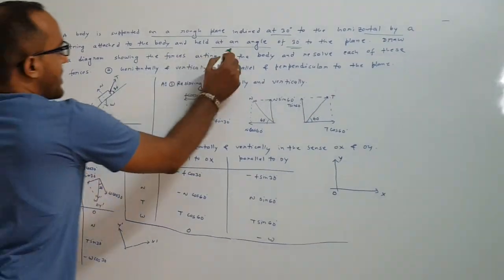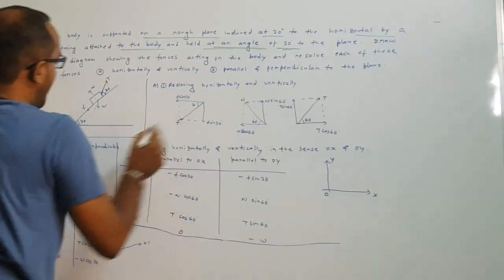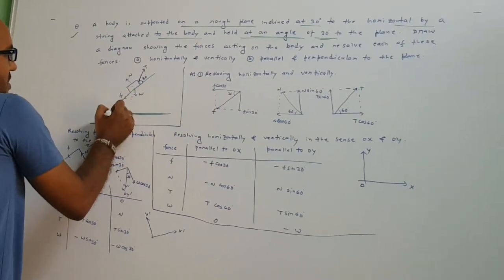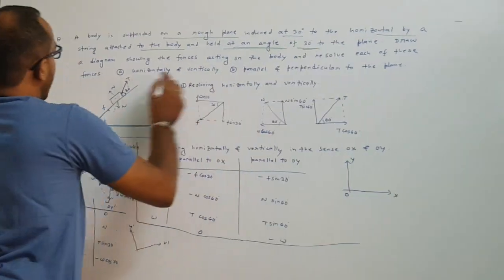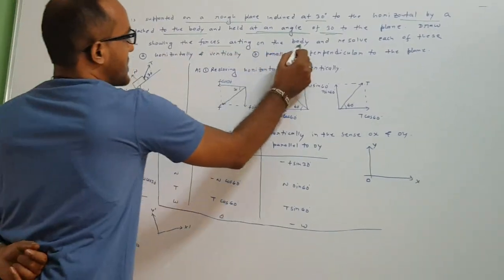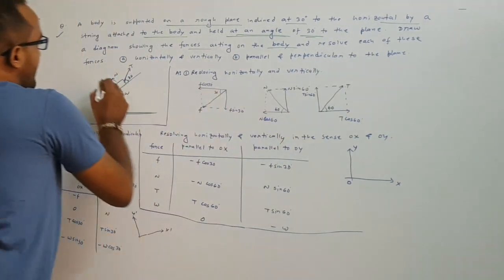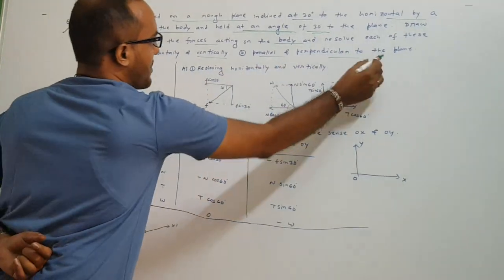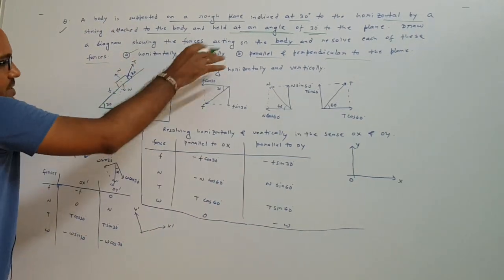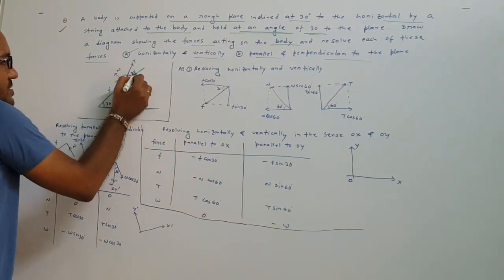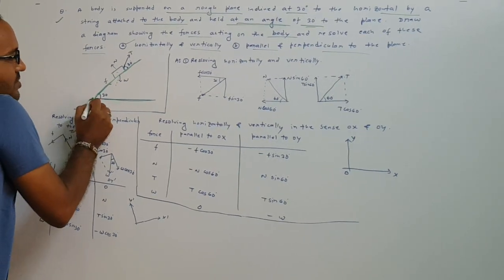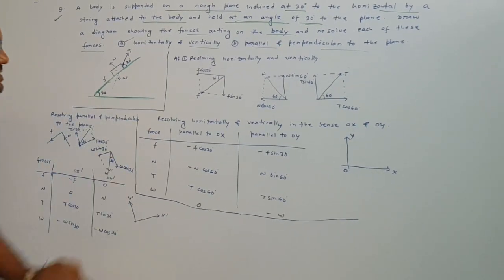Draw a diagram showing the forces acting on the body and resolve each of these forces horizontally and vertically, and parallel and perpendicular to the plane. So you have to resolve here two times: one for this plane, and one for this horizontal surface.